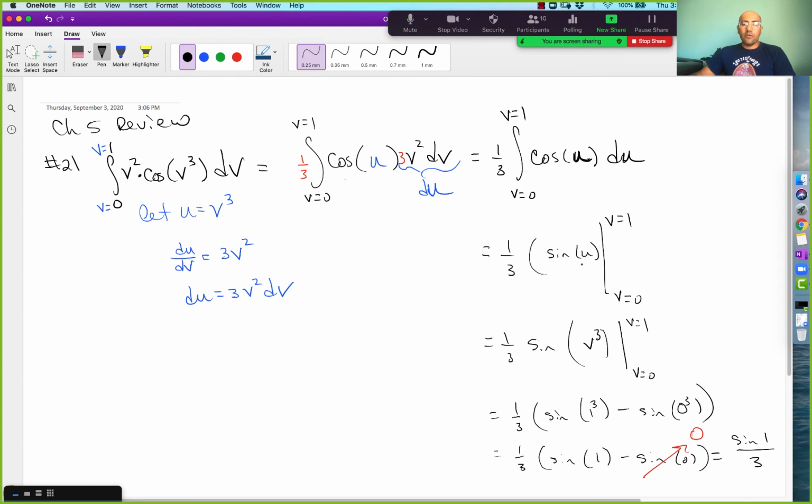And then you use your definition, your description, your substitution to come back to describe your function in terms of the letter v. And now you can use the original limits, right, 0 and 1. What you cannot do is just plug this in there right now, because this is sine of u, and these are in terms of v. So we gotta replace it and rewrite it as a function in terms of the letter that matches the limits of integration.